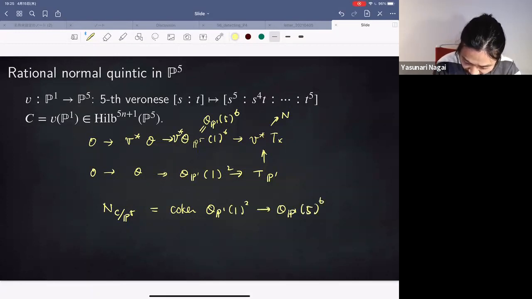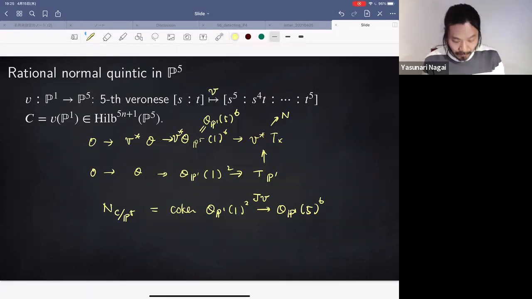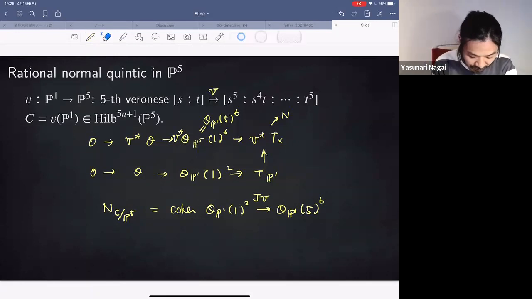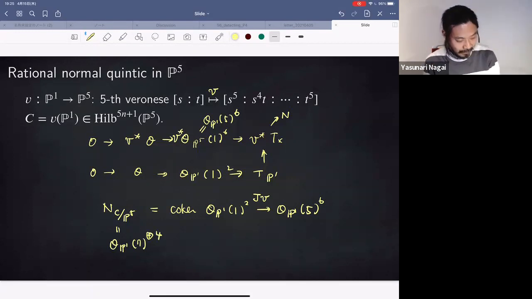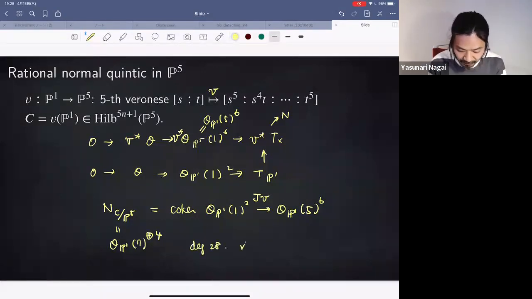And this map itself is the Jacobian of this parameterization here. So it turns out that this is just O P1 of 7, 6 times. No, 4 times, sorry. So degree 28 and rank equal to 4.